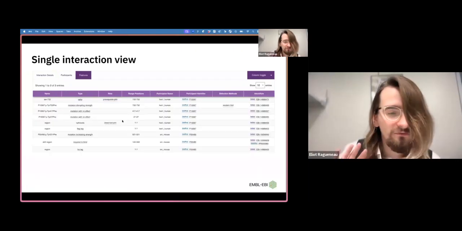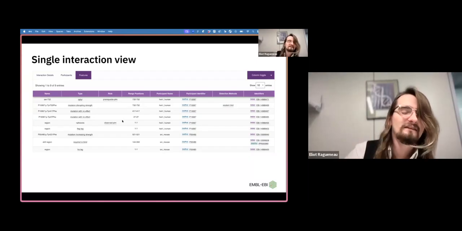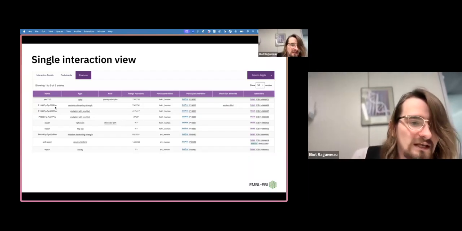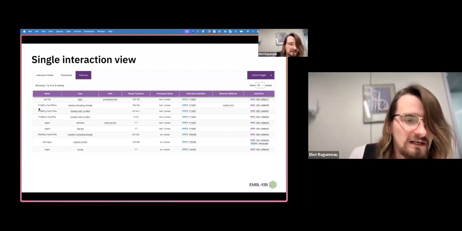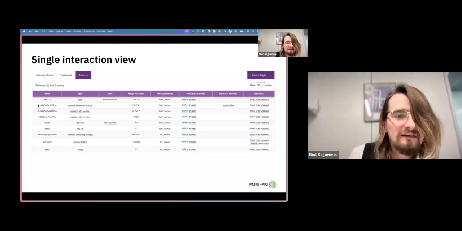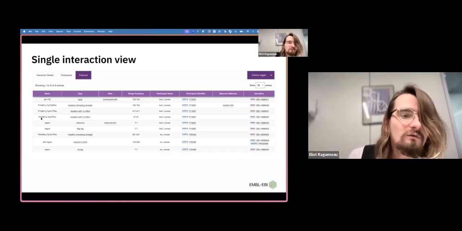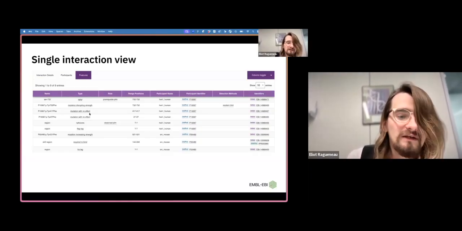And then finally, you've got the features, which I was describing a bit earlier and were represented visually in the diagram. But here you really get to see, okay, this protein is actually mutated at this location, and that was disrupting the strength of the interaction, while those mutations, on the other hand, were having no effect.